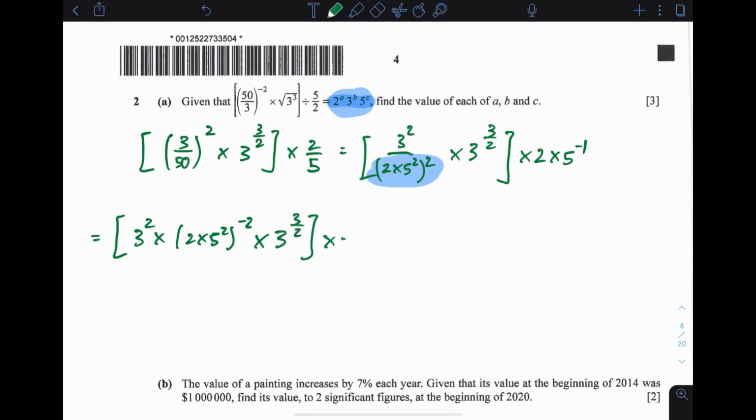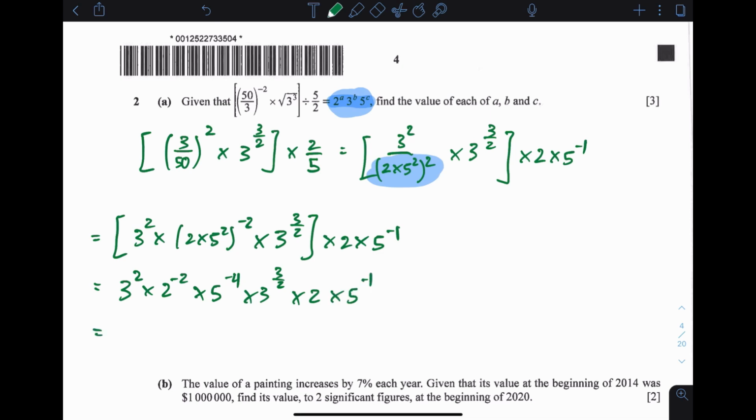I think we don't need any more brackets, we can just release the bracket. So then I get 3 power of 2 multiplied by 2 power of negative 2, 5 power negative 4, 3 power of 3 over 2, 2, and 5 power negative 1. Collect the 3s together, I'll get 3 power of 7 over 2.